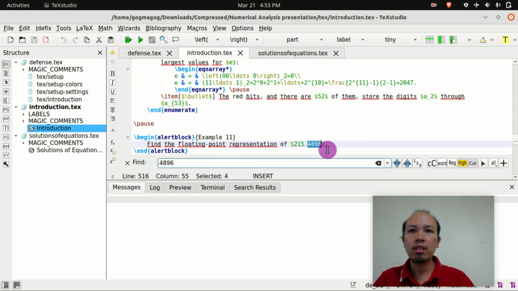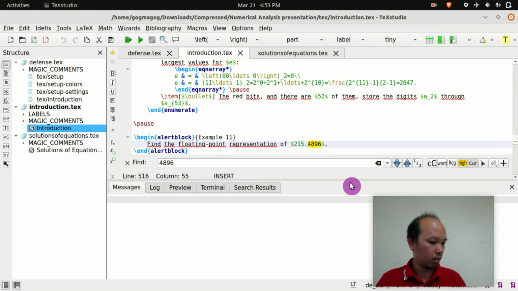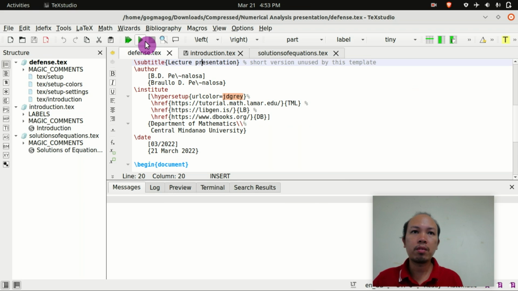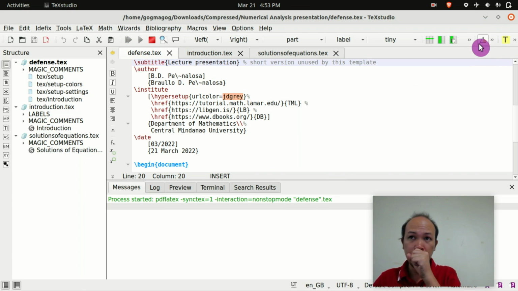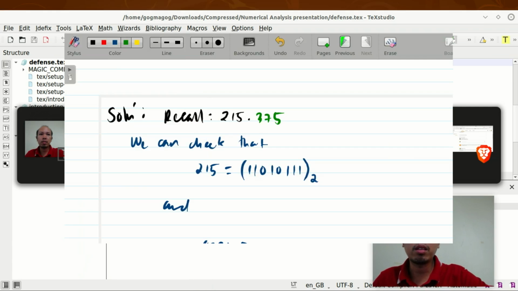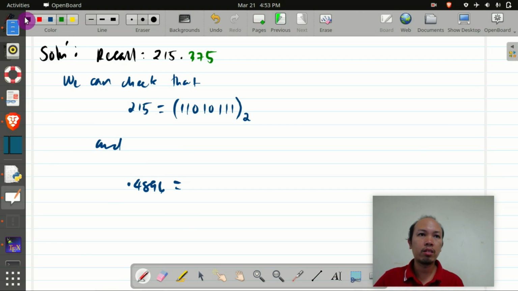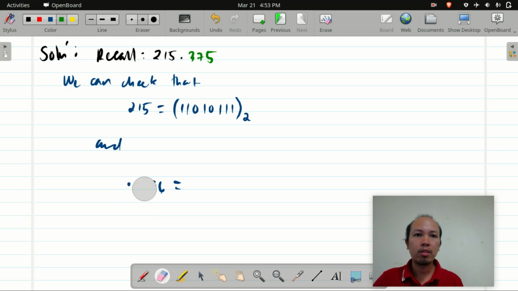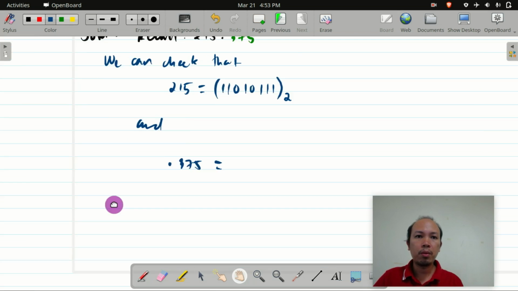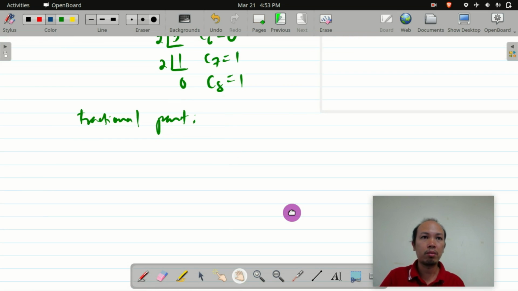Let's replace this one by 375. Okay, let's run this one and continue. Let's replace this to 0.375, so that we will have a finite representation of that number.